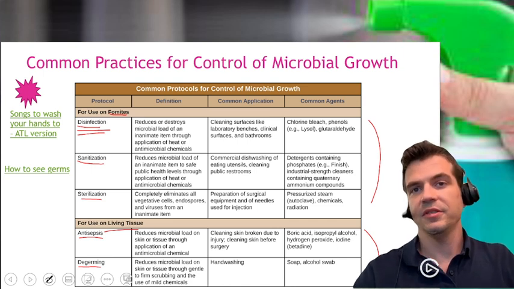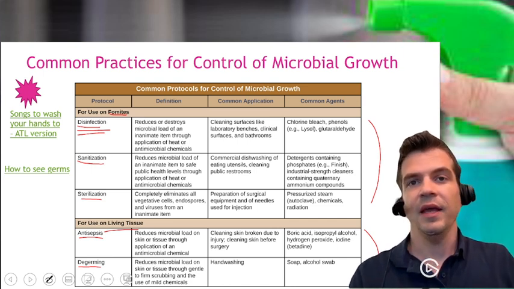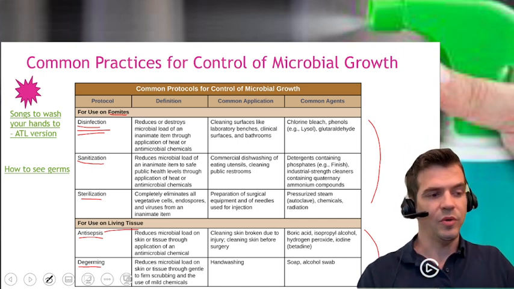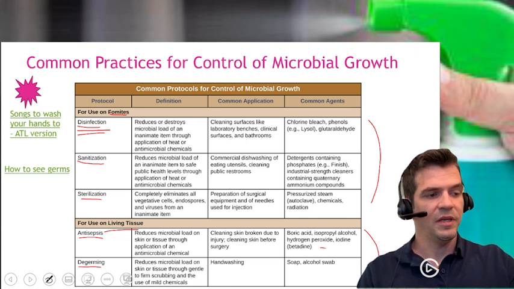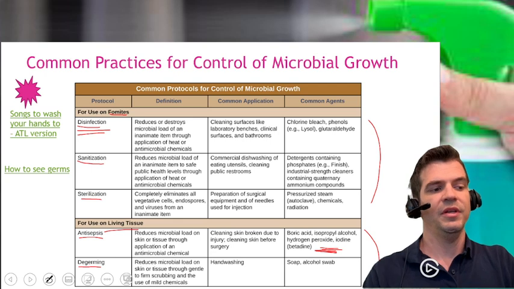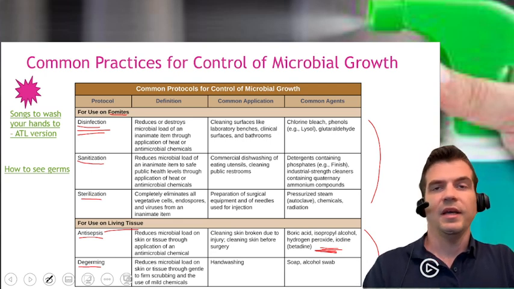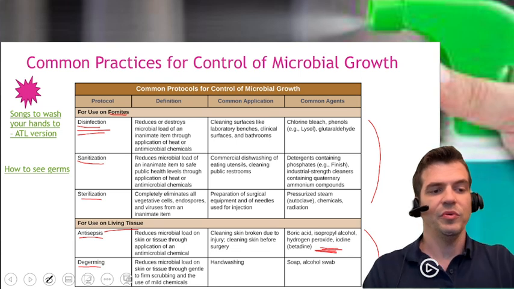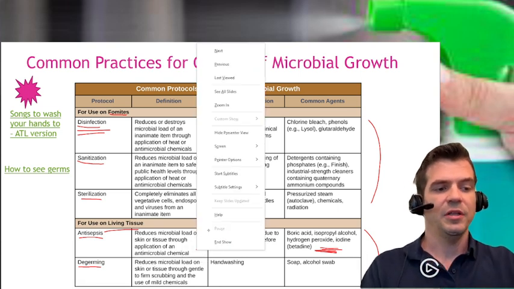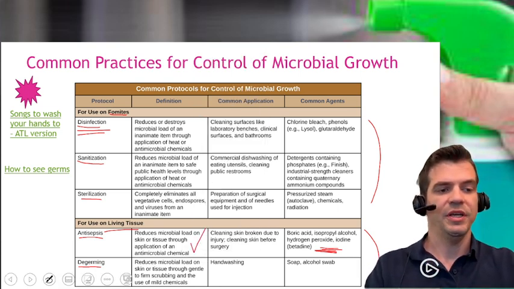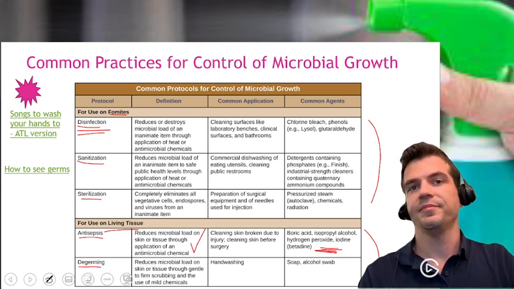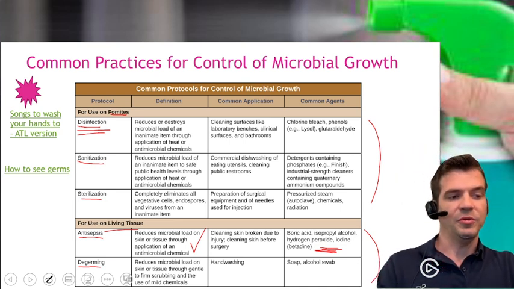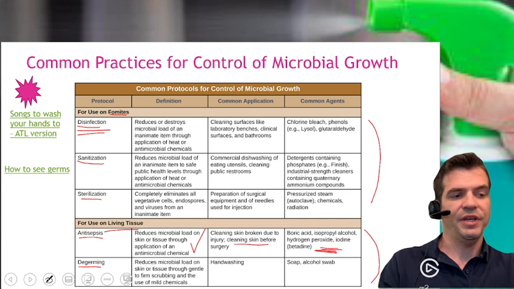Now let's discuss antisepsis, which is going to use some high level chemicals, right? Hydrogen peroxide, alcohol, boric acid, and those are going to reduce the microbial load on skin tissue. This is going to be done before surgery.